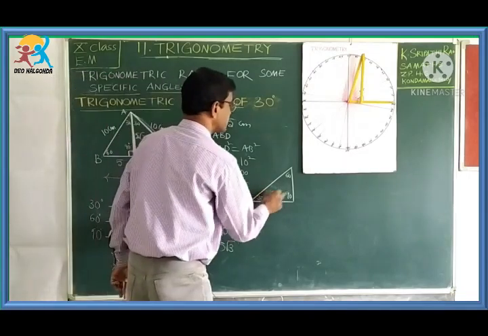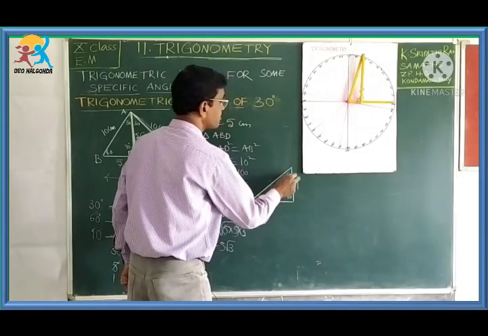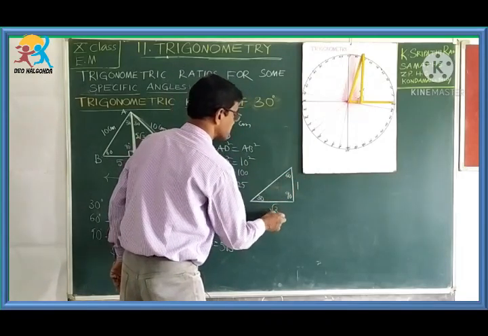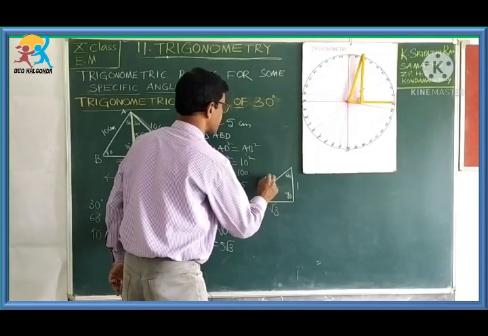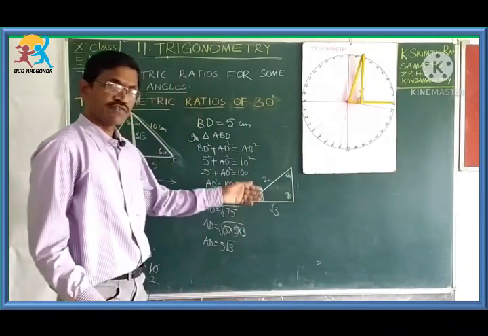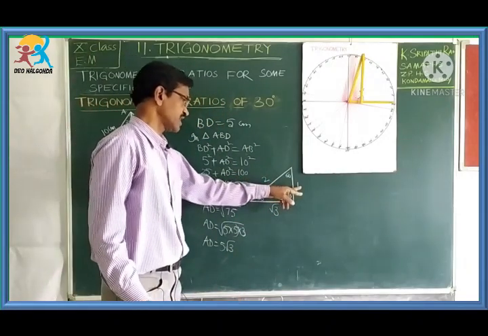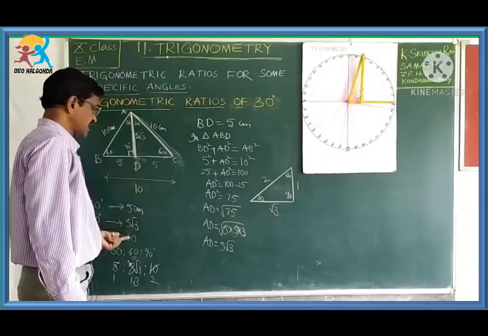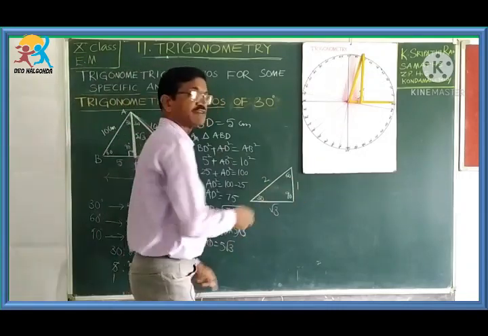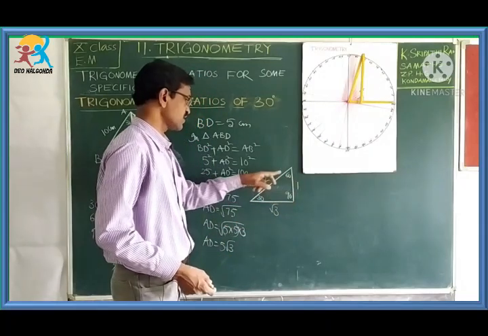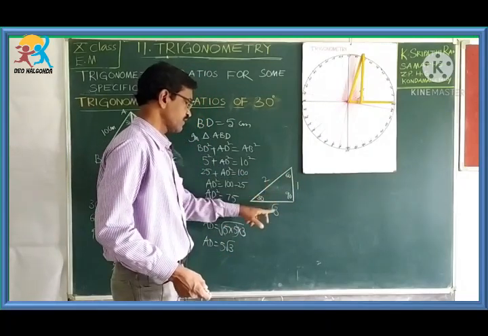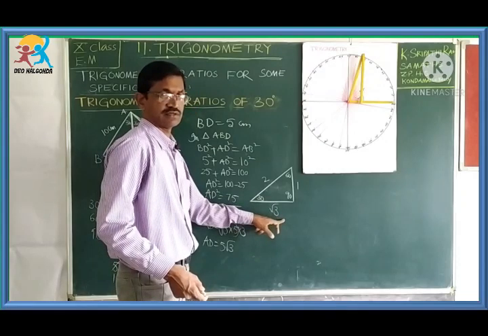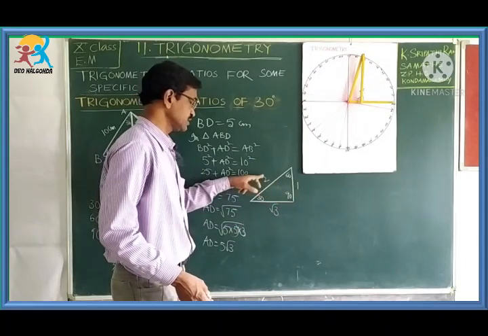So opposite 30 degrees we can take 1, opposite 60 degrees root 3, opposite 90 degrees 2. If you multiply with the same number, 5, you will get 5, 5 root 3 and 10. In this ratio the sides will be there.